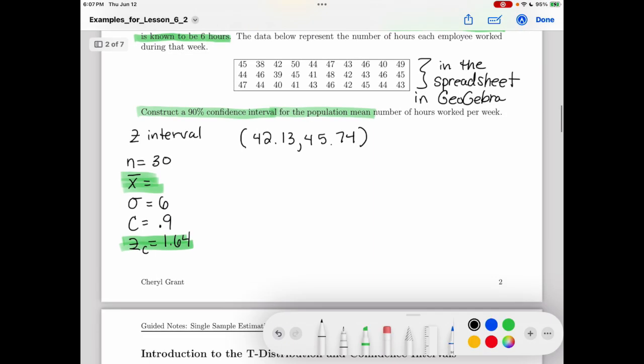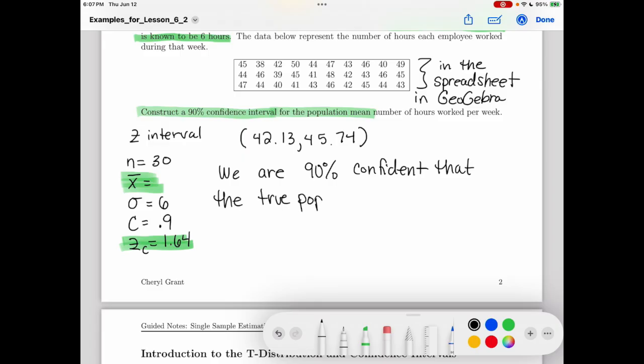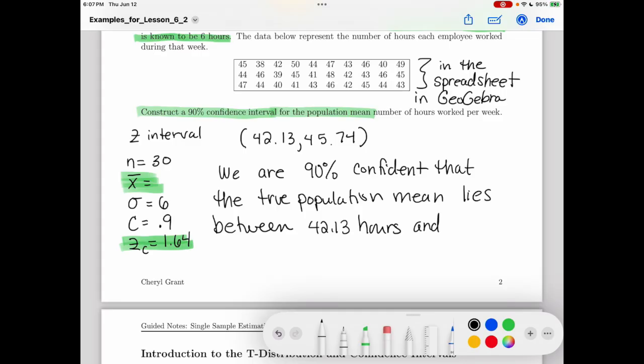My statement or my conclusion would be, we are 90% confident that the true population mean lies between 42.13 hours and 45.74 hours.